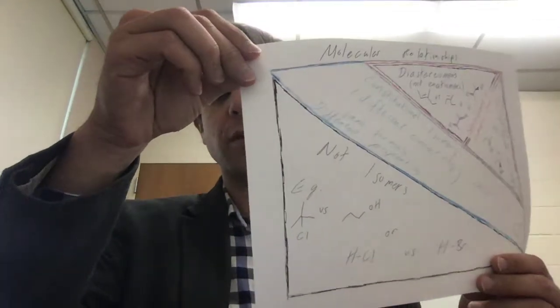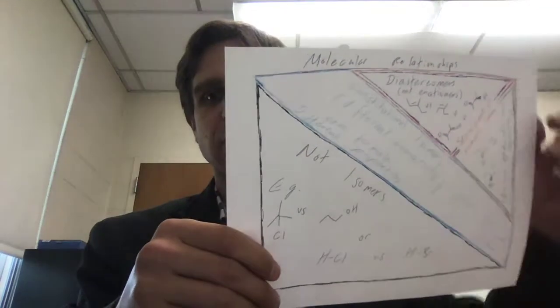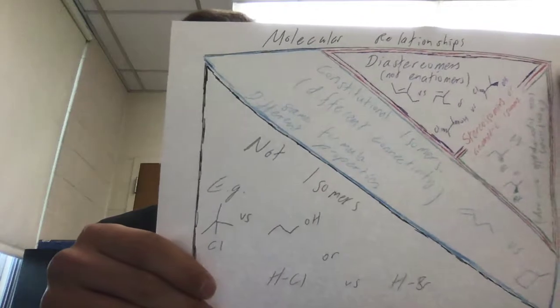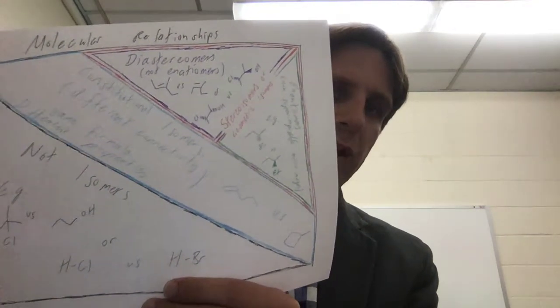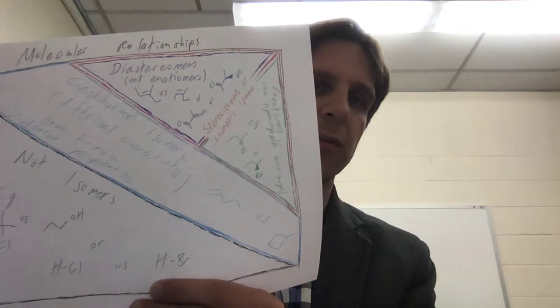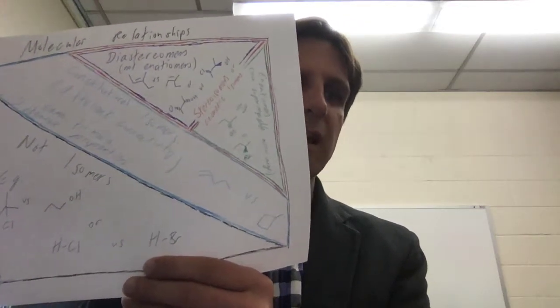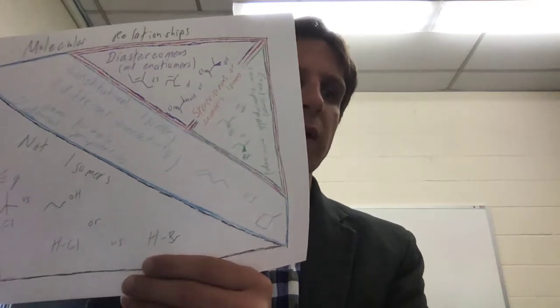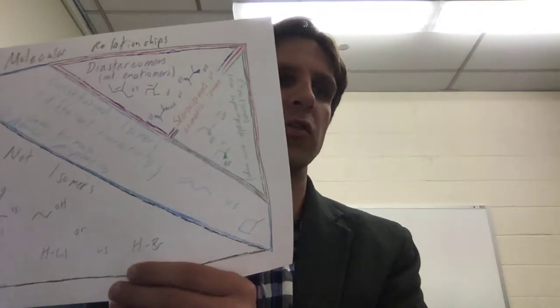Going further, if we have the same connectivity, right? We've got the same atoms connected to each other, we can create stereoisomers, and we've highlighted all the different types of stereoisomers here in red. Okay, so this big red triangle that we have there is all the different types of stereoisomers. Two stereoisomers have the same connectivity, meaning every atom along that molecule has the same other atoms connected to it.